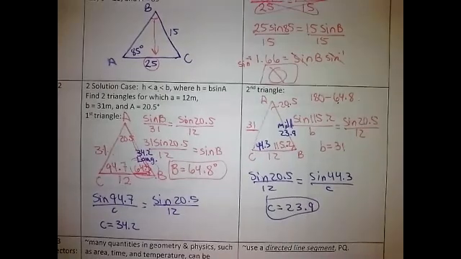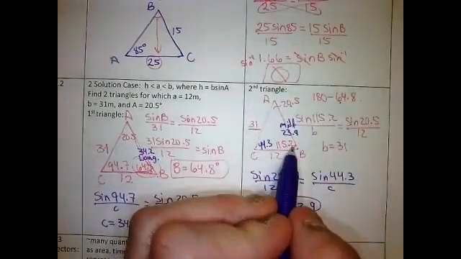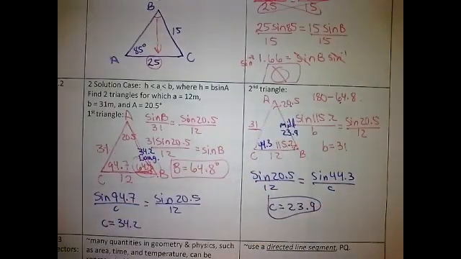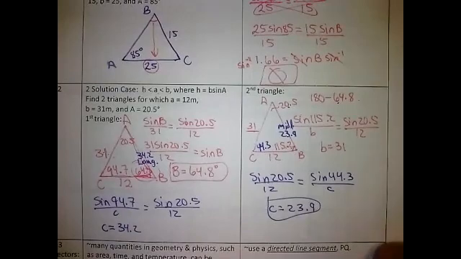So if you check it, 180 minus whatever I got for B, and then subtract these two and you get a negative number, then you know there's no second triangle. So a couple of ways to check yourself there.